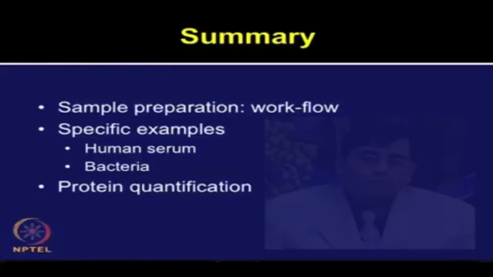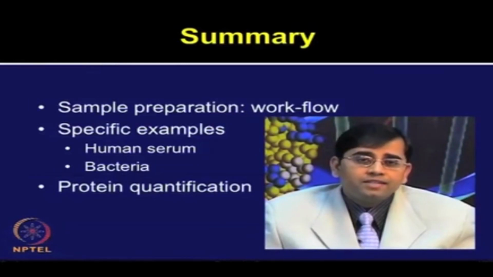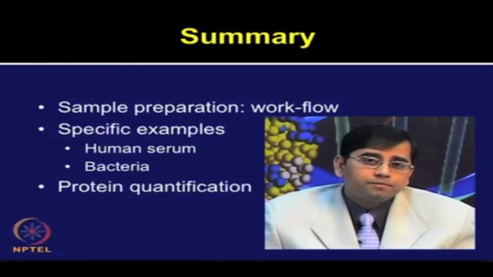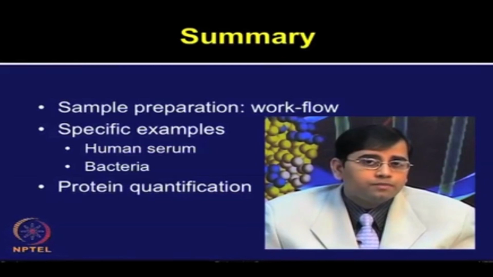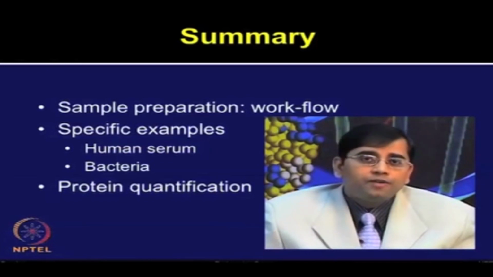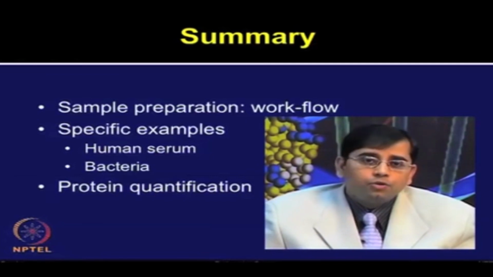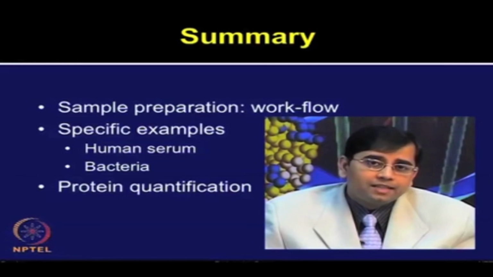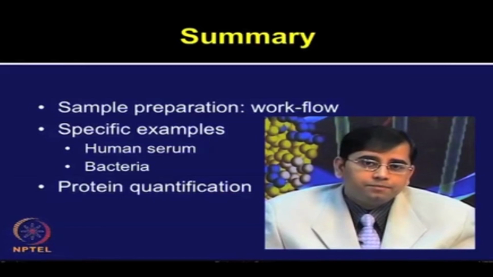So, in summary, in the last three lectures, we talked about strategies for sample preparation. I gave you a workflow where we talked about different types of lysis methods. We talked about how to pre-fractionate the samples, then how to precipitate the samples, how to remove the interfering substances, and then we moved on to specific examples.